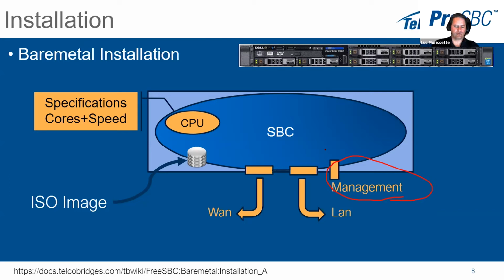It allows you to configure the whole system, including the SBC functions. Then in normal cases, you have a WAN interface and a LAN interface connected on the SBC for going from the outside network to the inside. But you can have more WAN interfaces and more LAN interfaces on these systems to interconnect various networks.